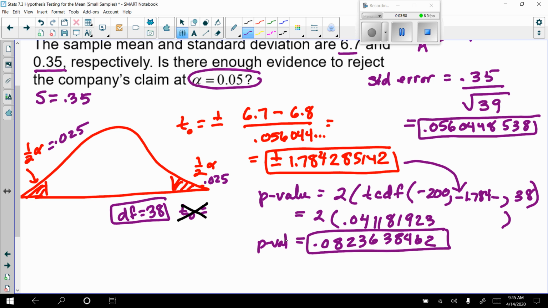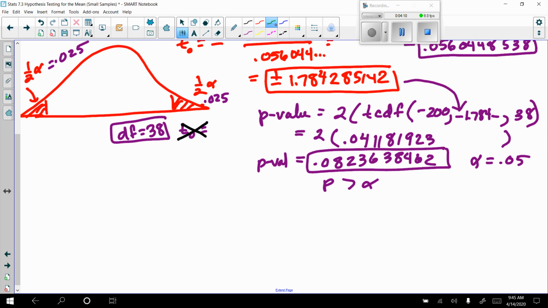And our p-value needs to be compared with alpha, which is equal to 0.05, and our p-value is greater than alpha. So that means we cannot reject the null hypothesis. So we fail to reject the H naught.